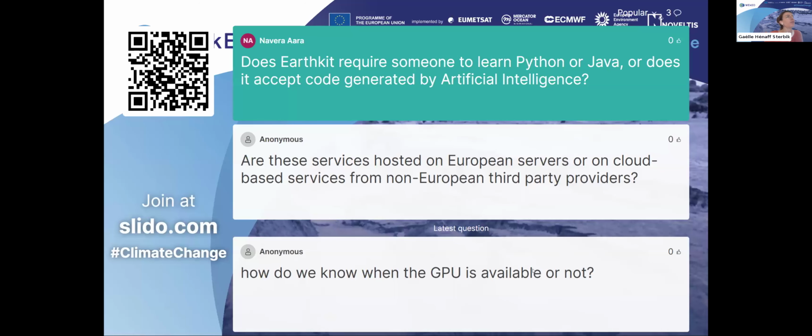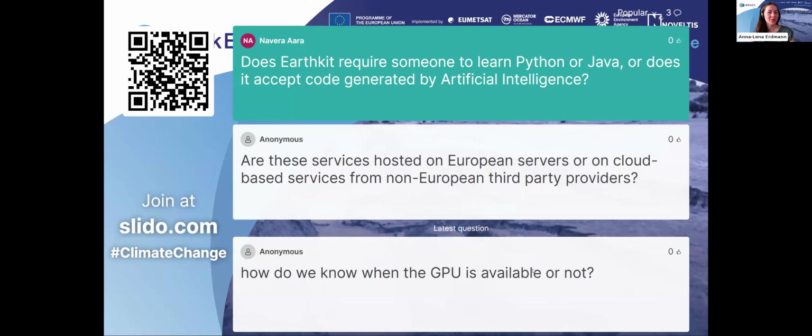Next question, does Earthkit require someone to learn Python or Java, or does it accept code generated by AI? Well, Earthkit is in Python, so some knowledge of Python I'd say would not hurt. However, I have not tried out generating code for Earthkit with ChatGPT or so.